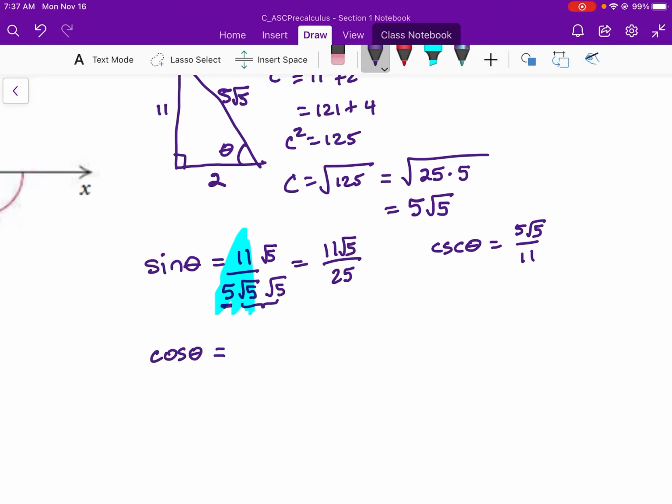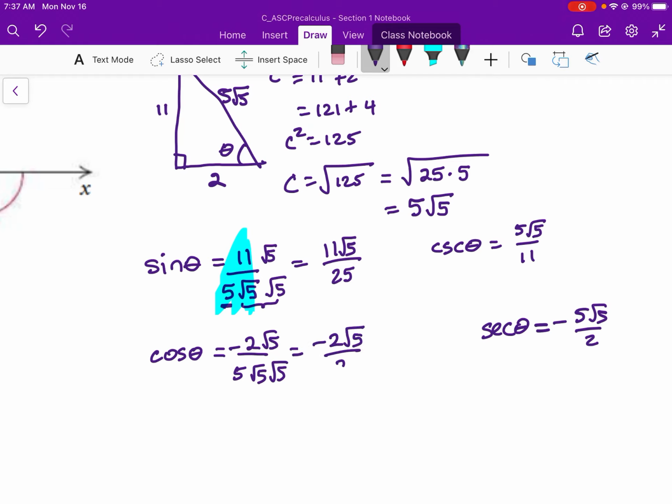All right, so cosine theta is adjacent, which is 2 over hypotenuse, which is 5 radical 5. Before I simplify that, maybe I want to do the secant. Oh, and it's negative. Negative 5 radical 5 over 2. This one I have to multiply by radical 5 over radical 5.